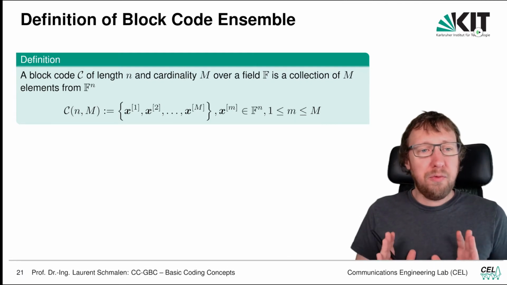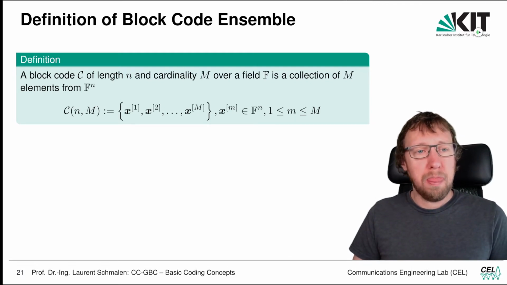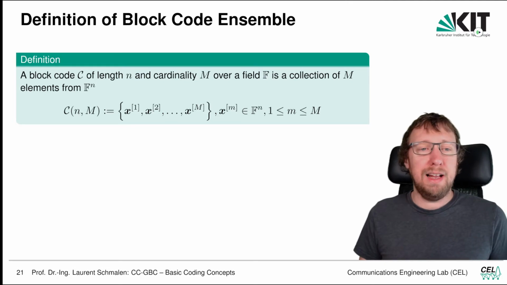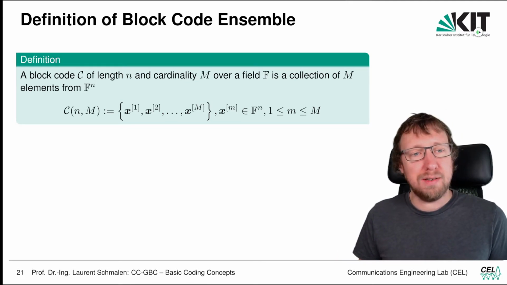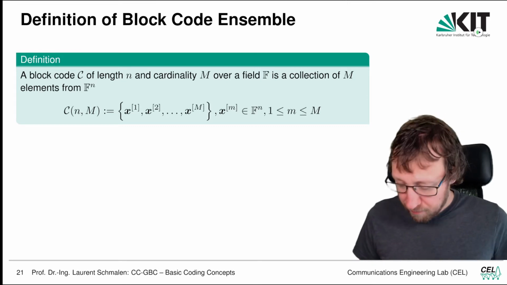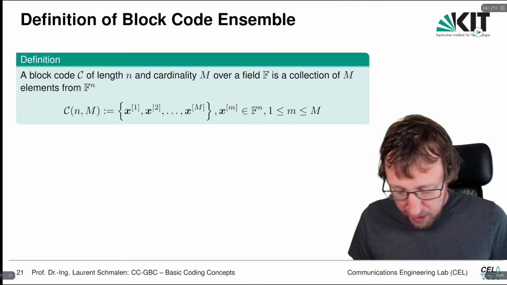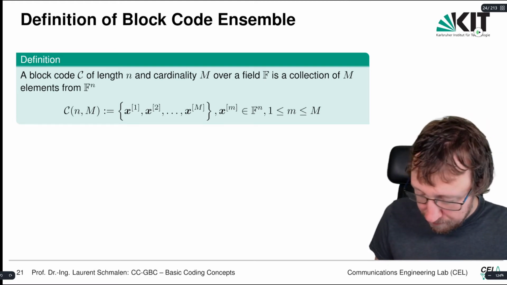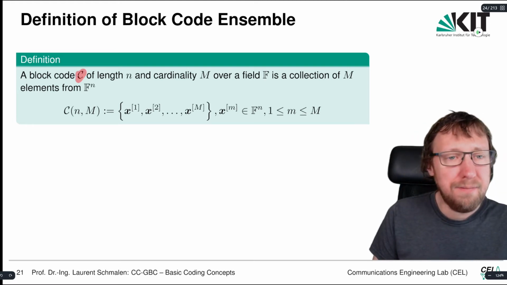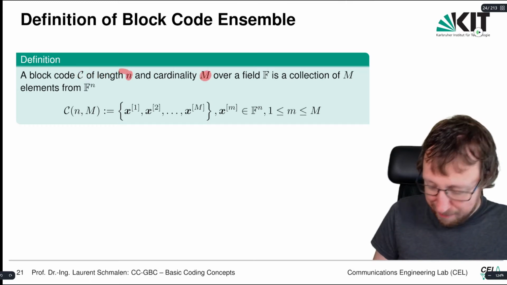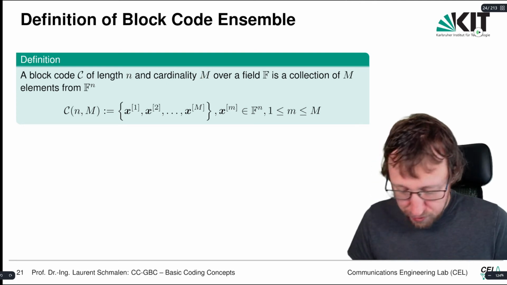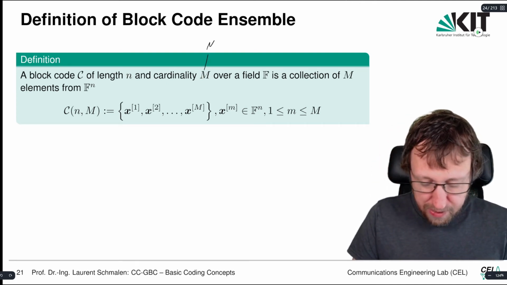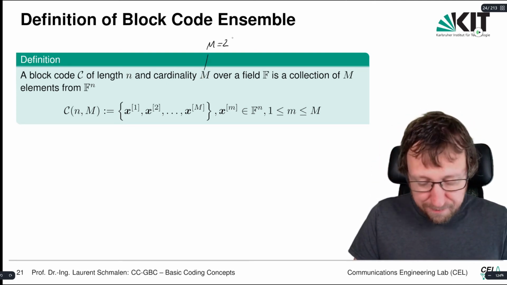So this is the very formal definition of a block code. A block code is nothing else than a set, essentially a set of vectors of length n. Formally, we can state that the block code C is of length n and of cardinality m, and usually we choose m to be equal to 2 to the power k.